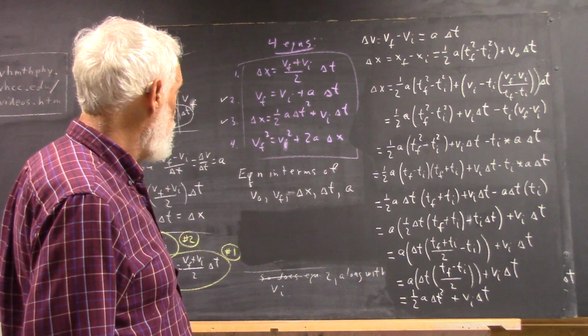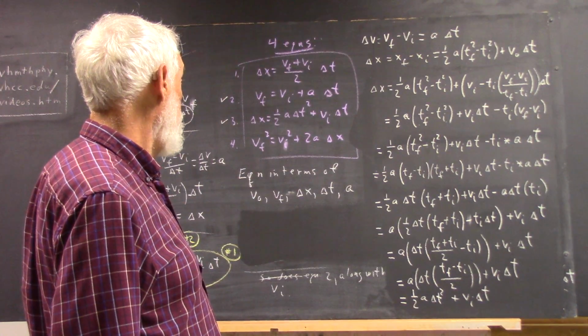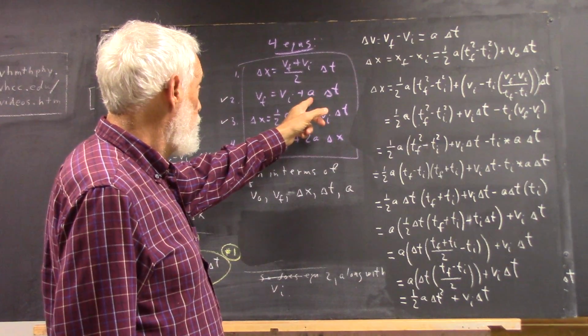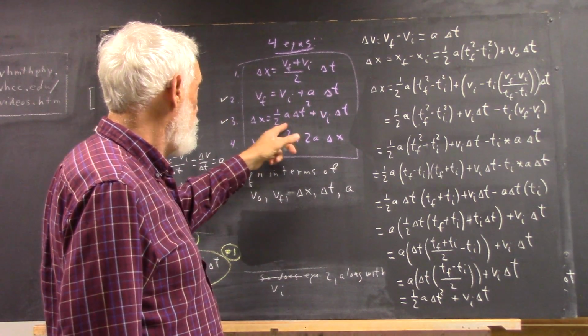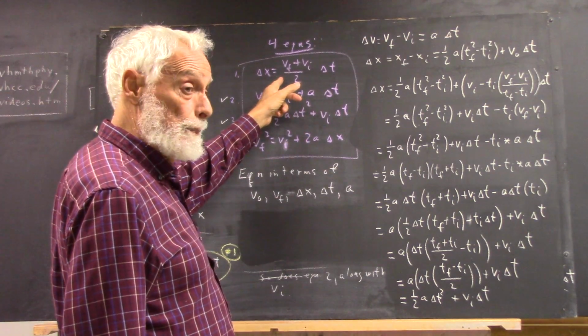I think I said that before too. We don't want to eliminate vf, we want to eliminate a. So we have an expression for a here. Solve this for a, plug in, and plug that in here, and simplify it, and we end up with this.